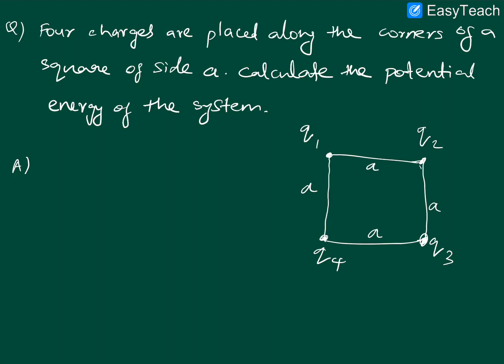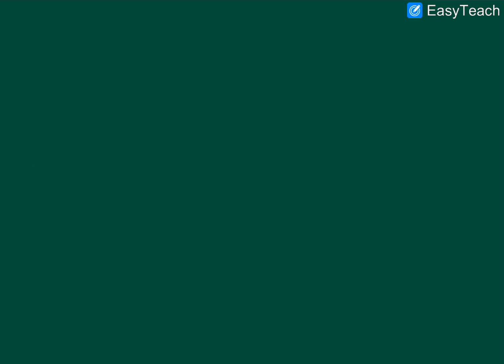For doing this, let us proceed in the same way as we discussed for the triangle. What we did in that case, we considered that initially all the charges are at infinity. Now you will bring all those charges from infinity to the corners of the square one by one. So let us solve this problem in the same way.